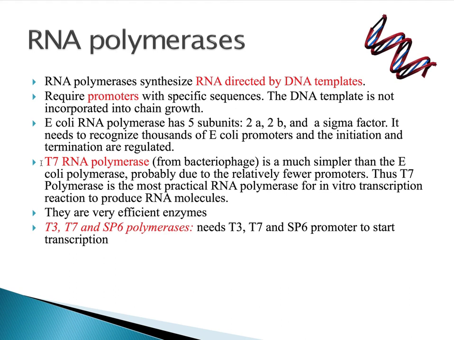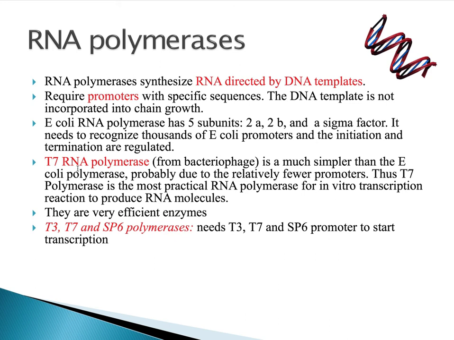Remember, for example, E. coli RNA polymerase has all those 5 subunits plus the sigma factor, and it needs to recognize those thousands of E. coli promoters. For that reason, in the lab, we're using bacteriophage polymerases because they have very specific sequences they like to bind, and those sequences can be incorporated in our vectors.